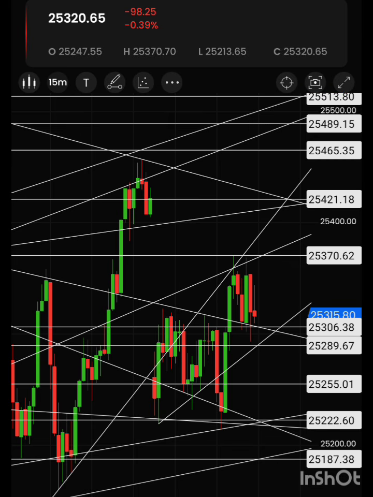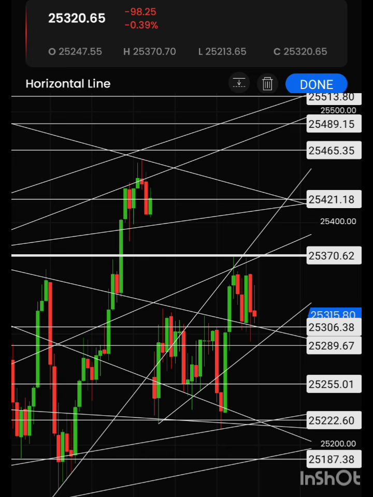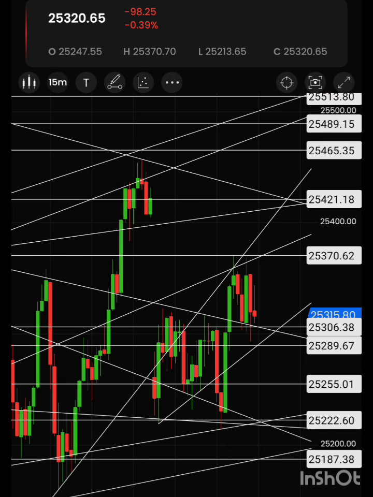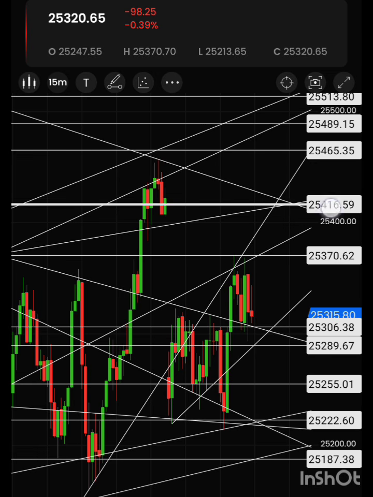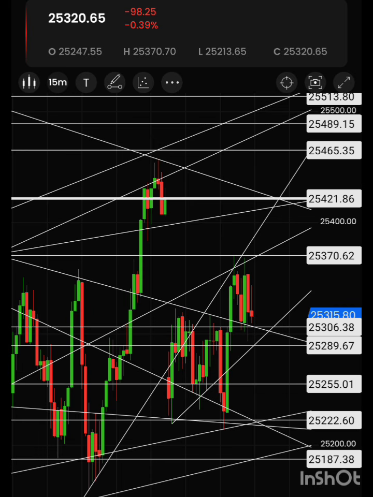And for the next breakout, the next move will come around 25,370, which is the current resistance as per this chart. Above this there is a little stronger resistance around the 25,416 to 422 range. So we have to close above this, then only we will have an upside movement.